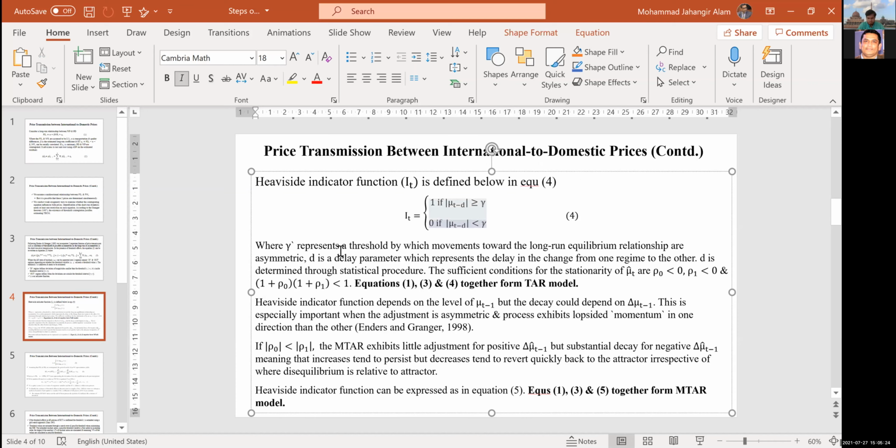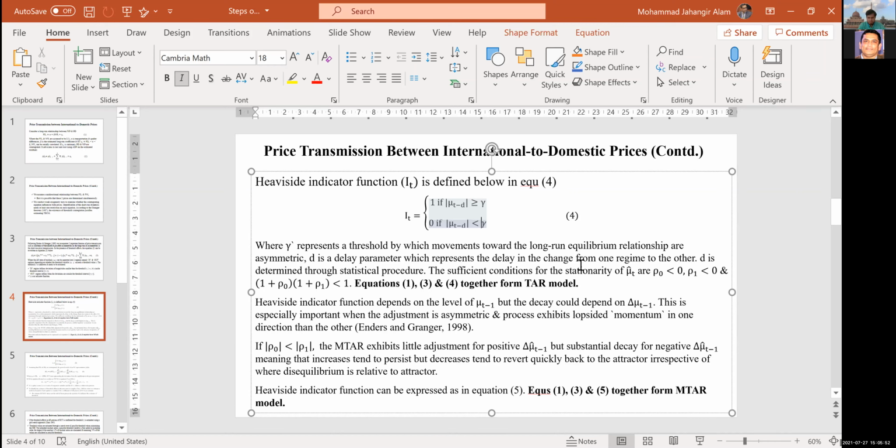So this gamma represents a threshold by which movements toward the long run equilibrium relationship are asymmetric. And d is the delay parameter, which explains the change from one region to the other. I said that it's a 2-region model, so it's a single value moving from one region to the other, and how long it takes to move from one region to the other.